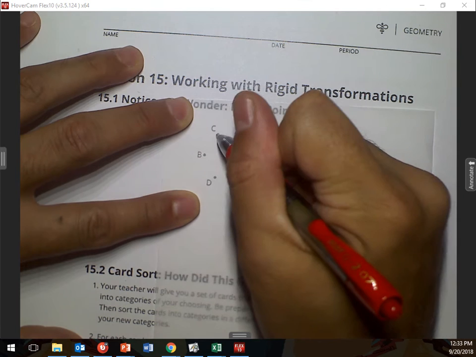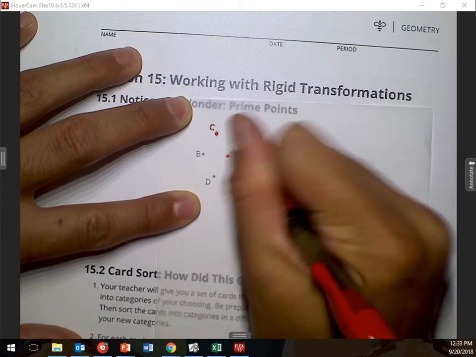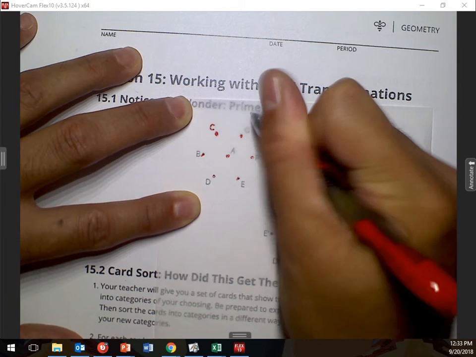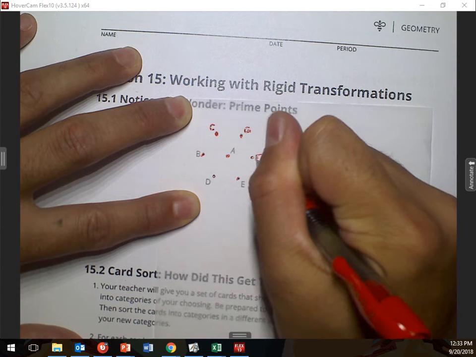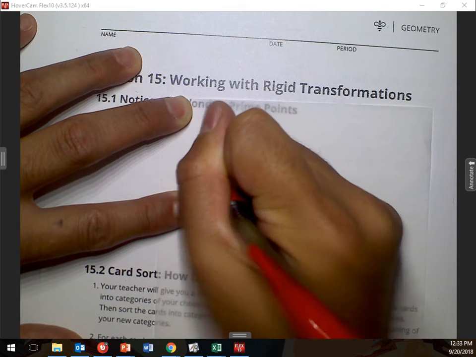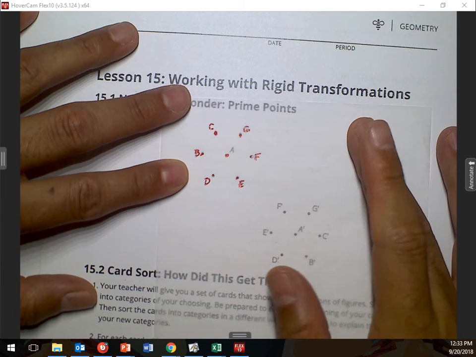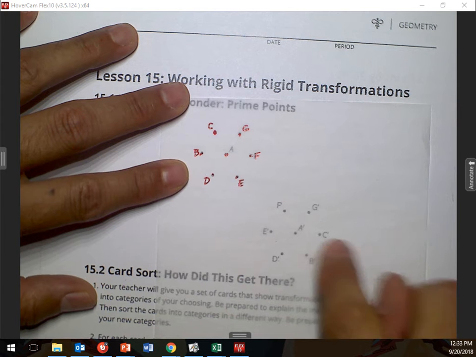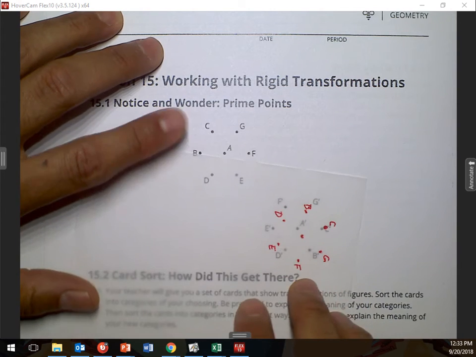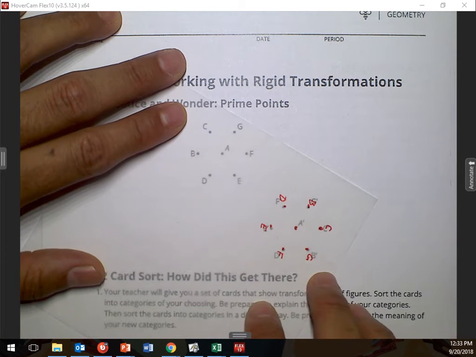It's like a slide. Okay, can we slide it? That's the point. Okay, so let's try and slide it and turn it to get at least C onto C. If I get C onto C right there, is that going to be correct?